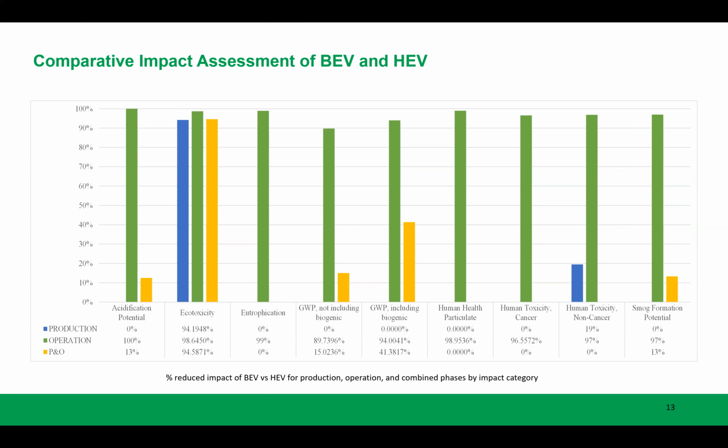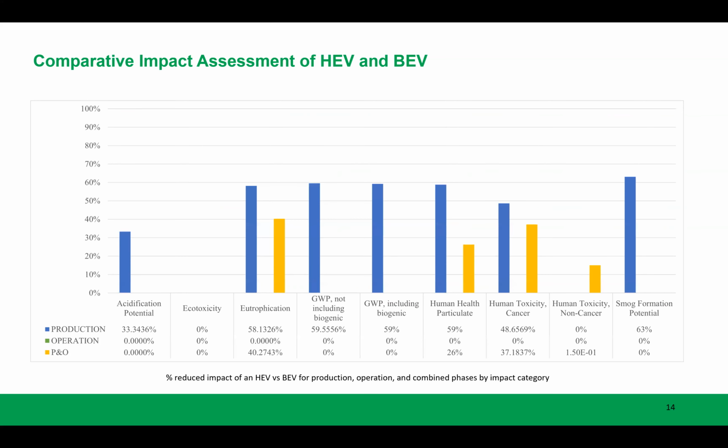In general, we observe that the BEV provides significant reduction in all impact categories during the operation phase compared to an HEV. Additionally, we see that the choice of a BEV over an HEV would result in overall reduction in 5 of the categories.